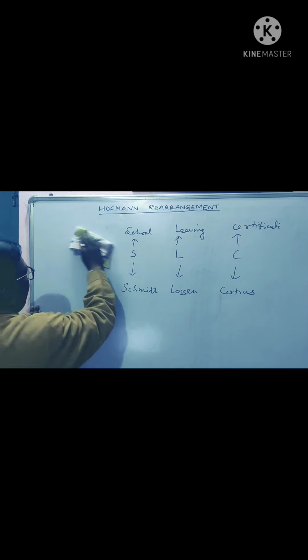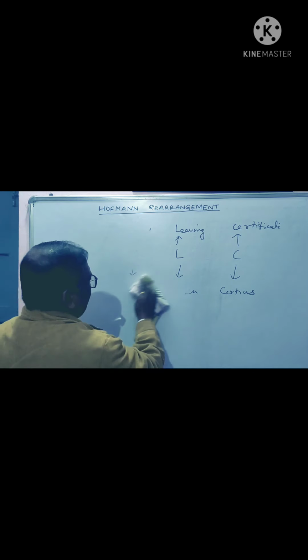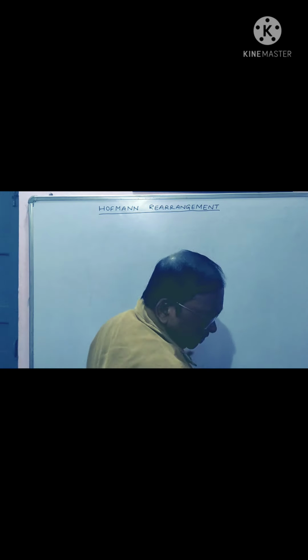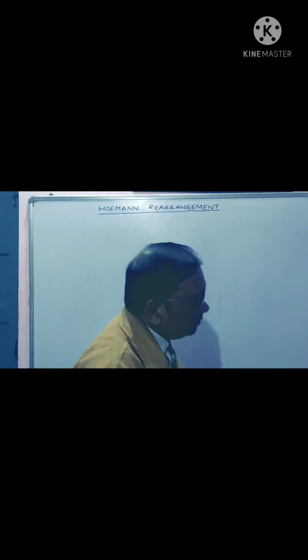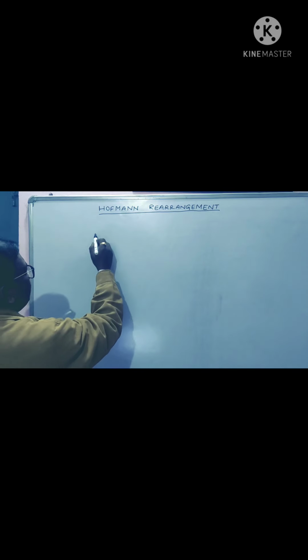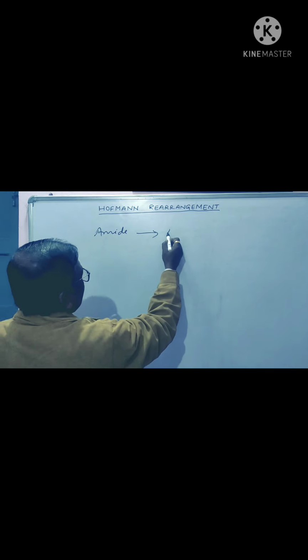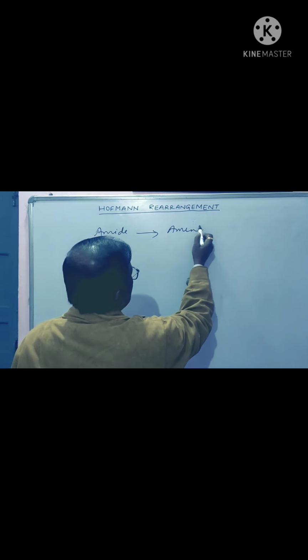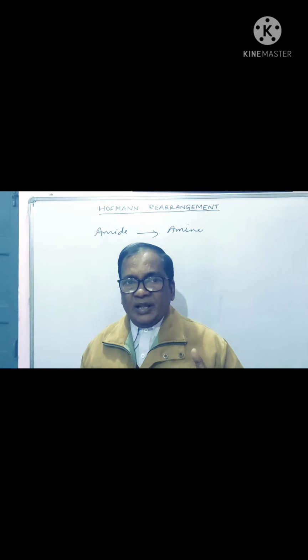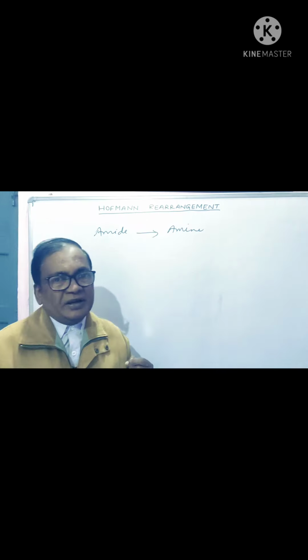So here we will discuss one by one, and out of these 4, first is Hofmann rearrangement. Conversion of amide into amine with 1 carbon atom less is known as Hofmann rearrangement.